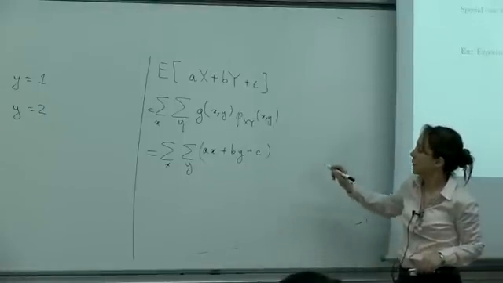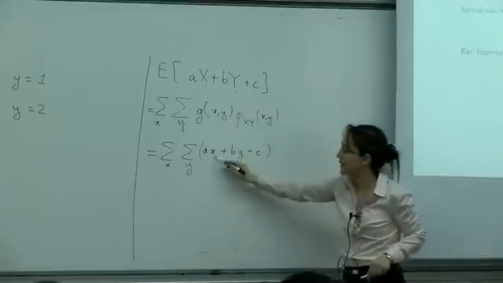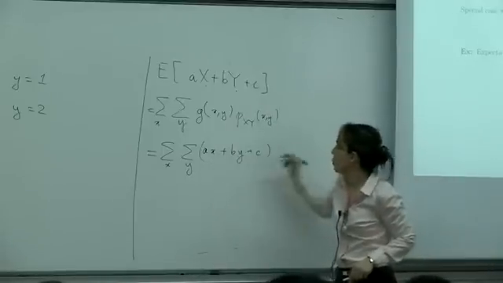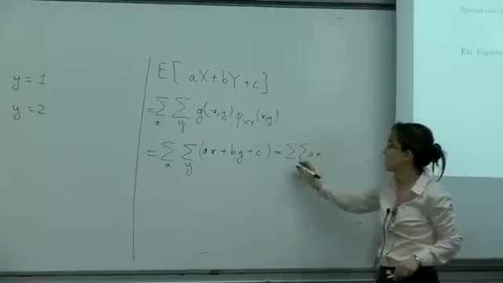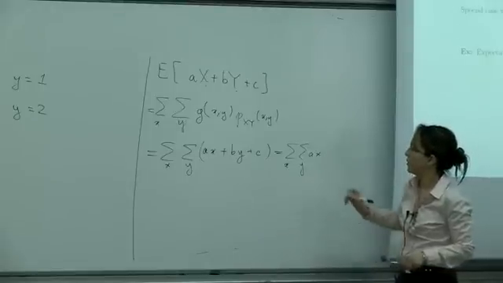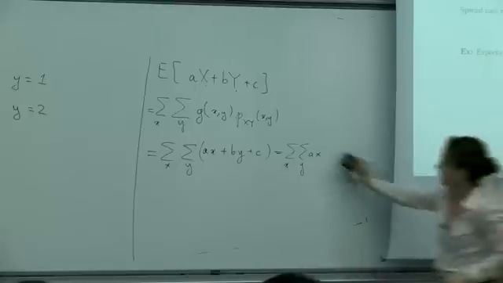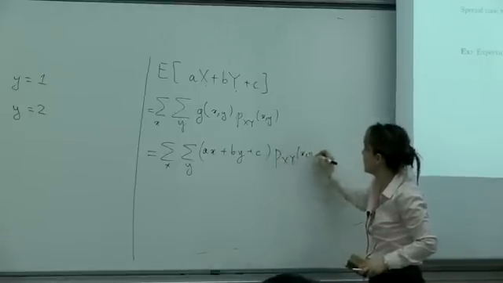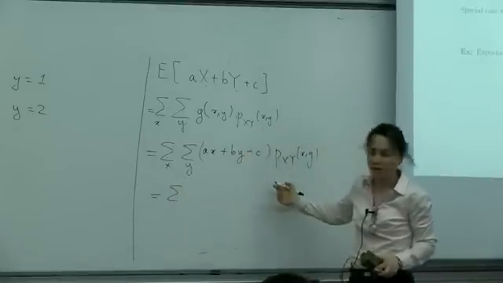And remember, these were the names of the random variables. These are specific values. We already know that when you sum ax over all x and over all y, oh, I just forgot to write the PMF. So let's write the PMF, p_XY(x,y). So we already know summation is linear, right?